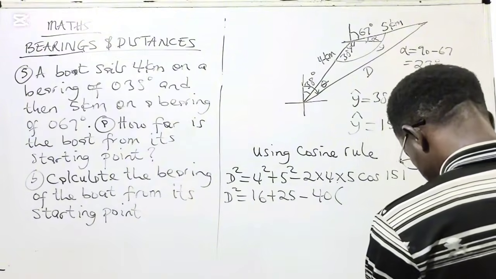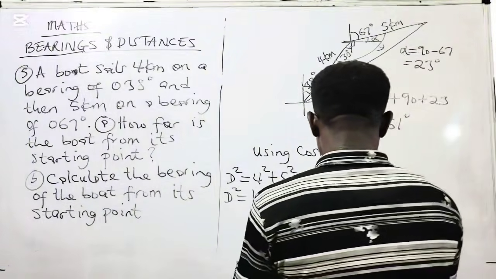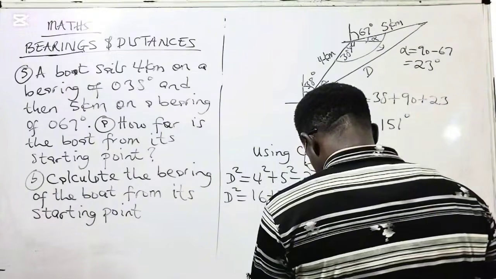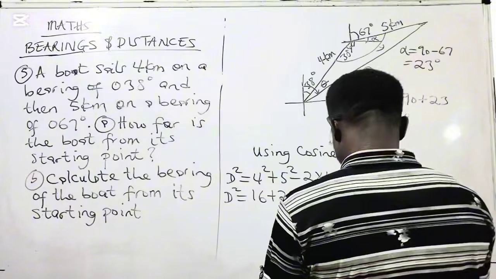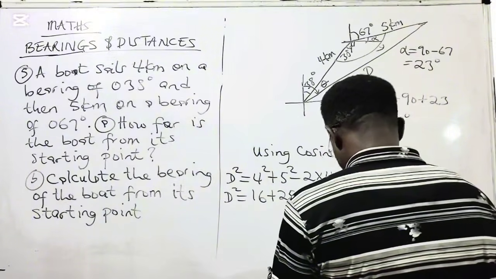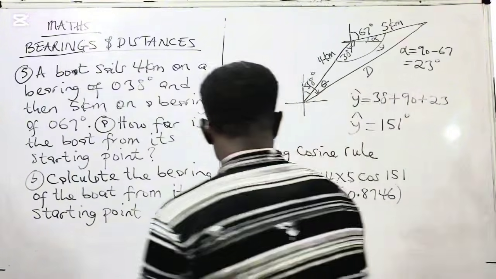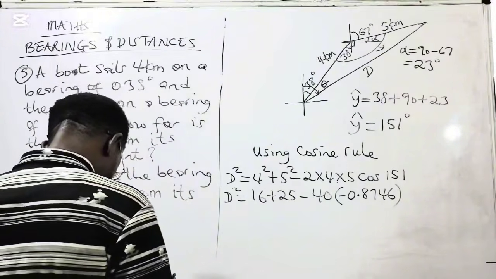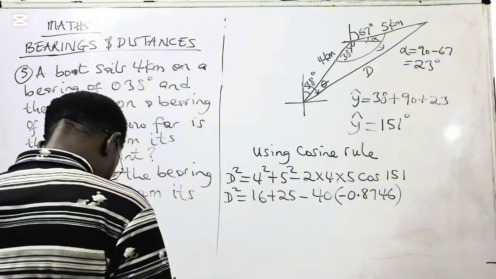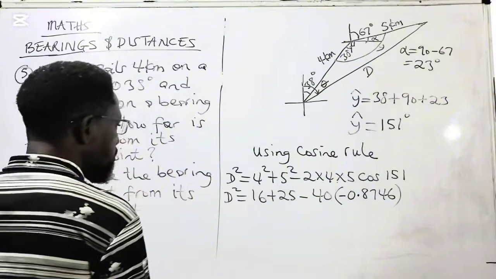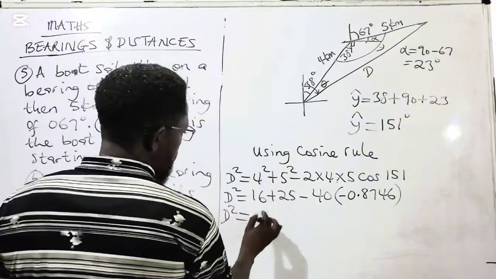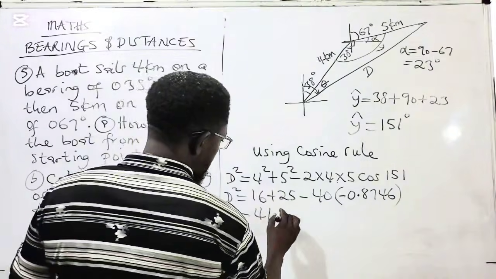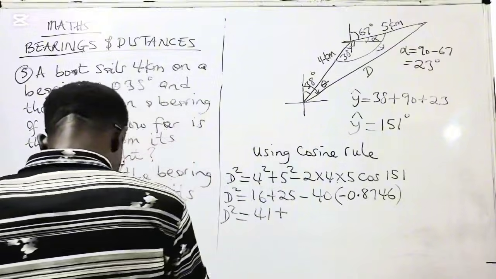That will be minus 0.8746. Add up 16 and 25, that will give 41. Minus times minus is plus.